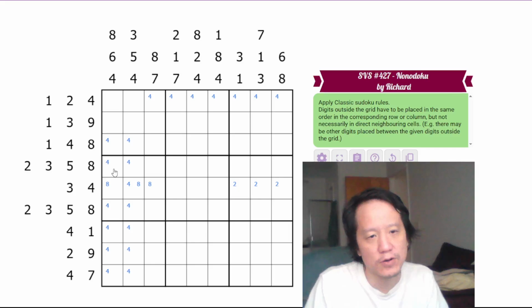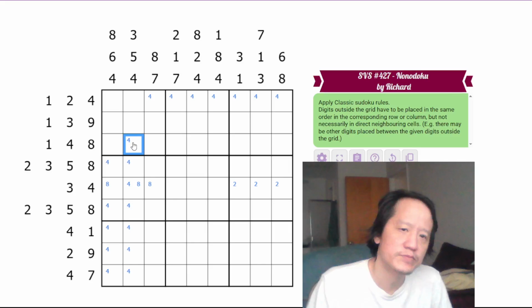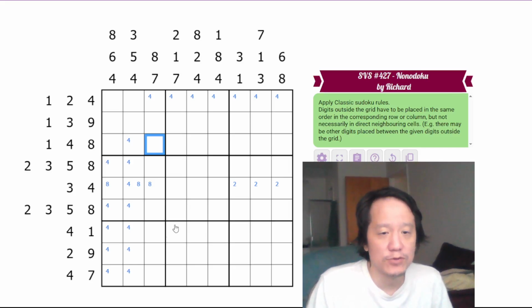This can't be 4 here. 3, 5, 4. Right? I'm not really sure how to approach this, actually, but ones have to be the first ones. Okay, that's probably the better approach.